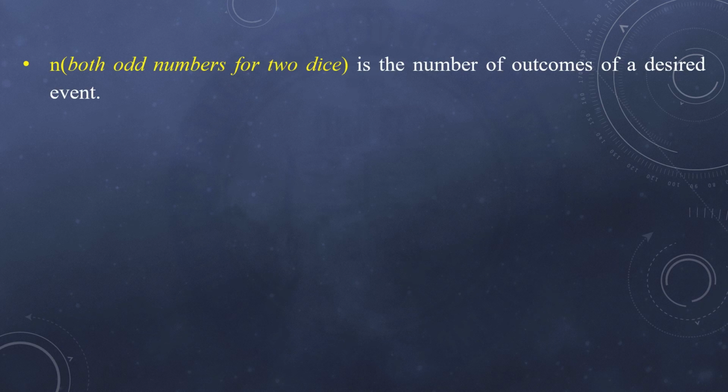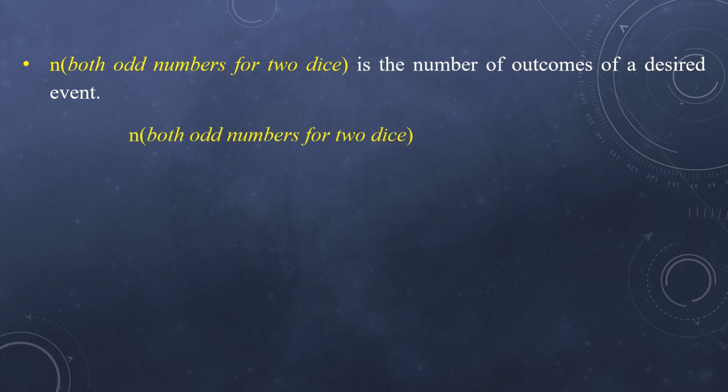We have identified earlier the number of all possible outcomes, which is 36, when we roll 2 dice. This time, we will identify the number of outcomes that both odd numbers turn up. Again, the number of possible outcomes when both odd numbers turn up for 2 dice is the number of outcomes of a desired event.